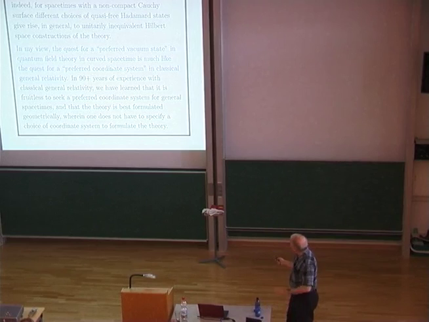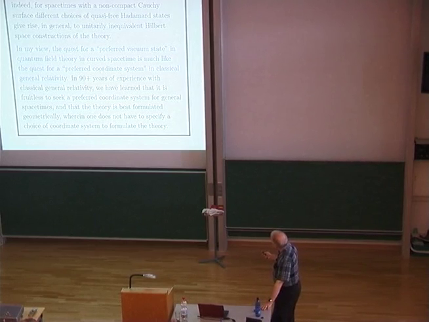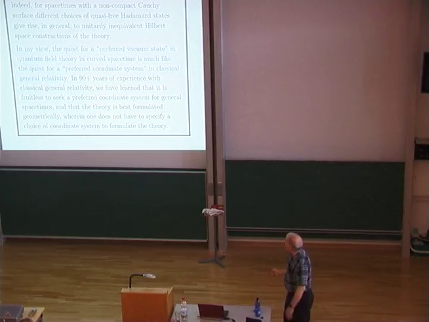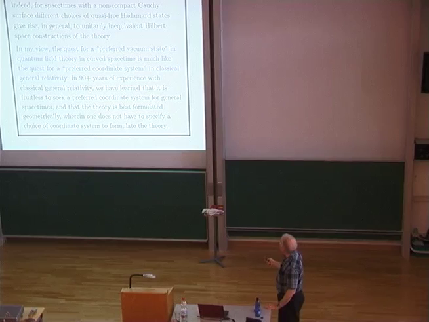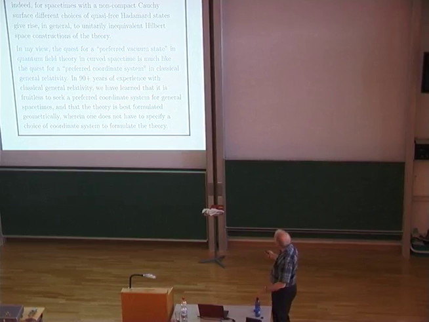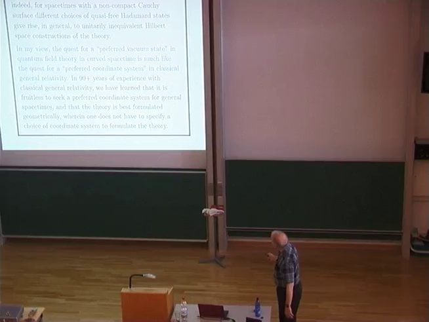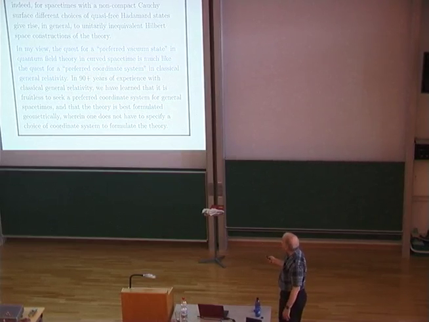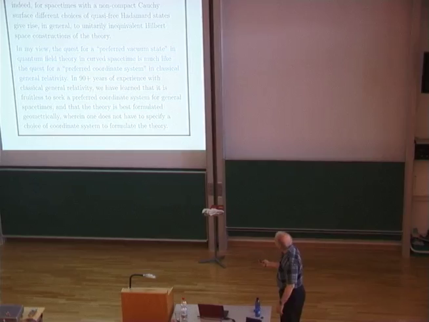So to me, at least, my own reaction is that the situation with respect to seeking a preferred vacuum state is really a lot like the situation in classical general relativity of students learning general relativity for the first time, who've learned special relativity in terms of global inertial coordinates and would like to know: okay, if you're not in flat space-time, what is the analog of global inertial coordinates, and what preferred coordinate system should you use?